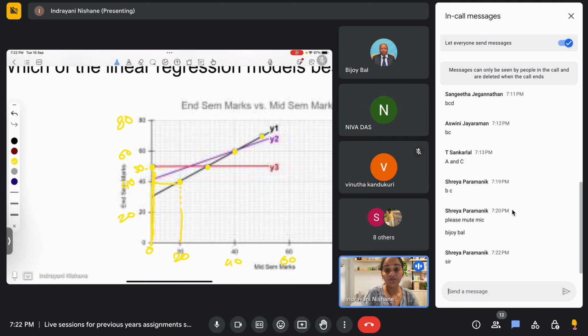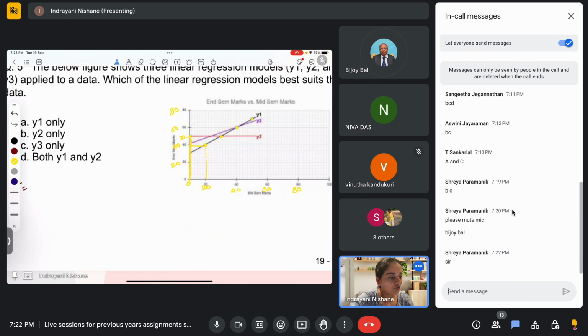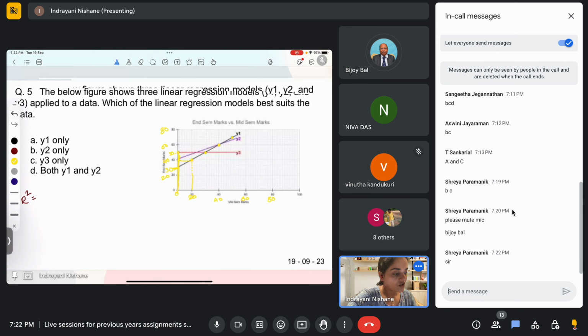Even though we can see four points are passing through y1, this one point is so far away. For this 0, this is the intercept value, which we can roughly say is 30. So 30 would be the predicted value, and the actual value is 50. For all other data points the difference is 0, but for x equal to 0 the difference is 20. So 20 square will be 400.